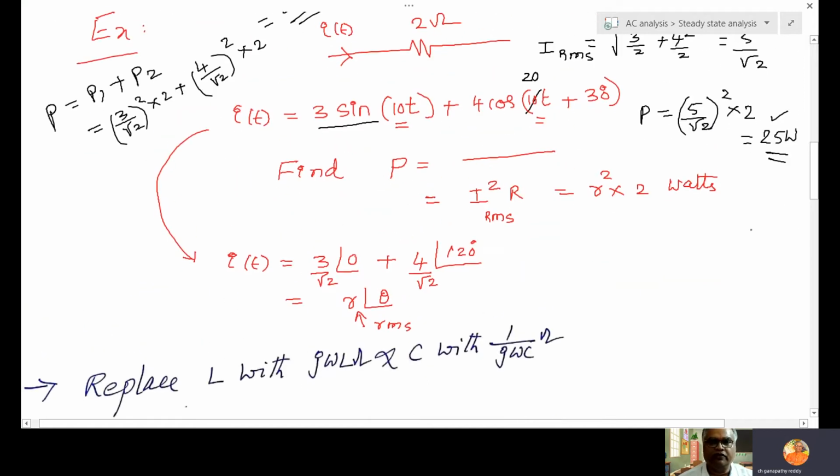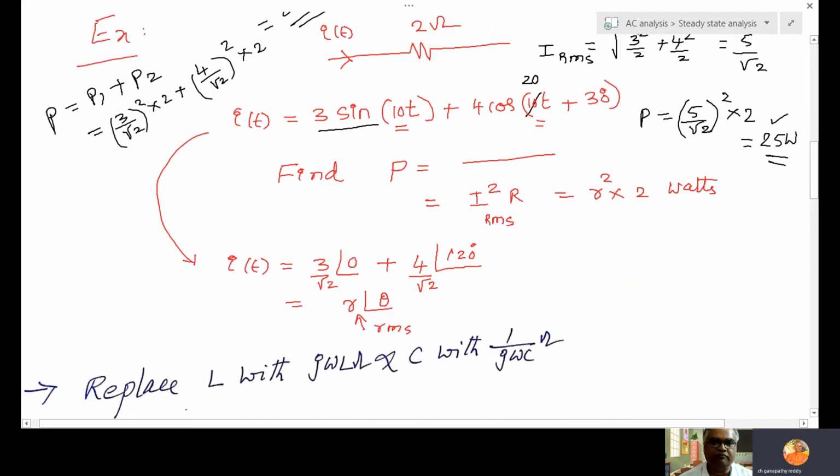But when frequencies are same, what is the answer we got to this much? This answer is not equal to P1 plus P2. You check it later.